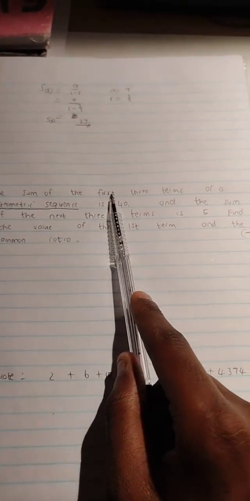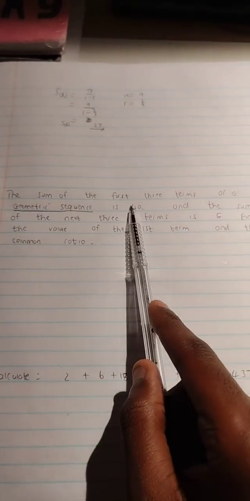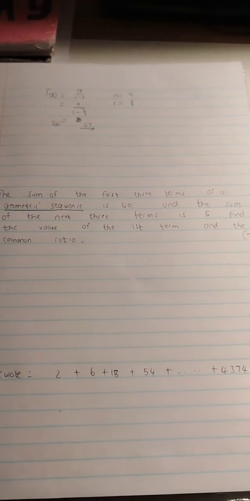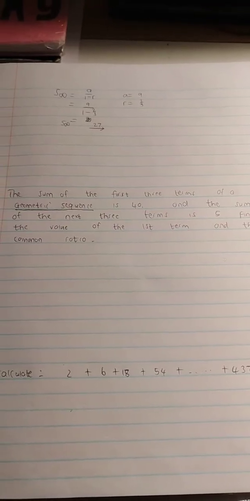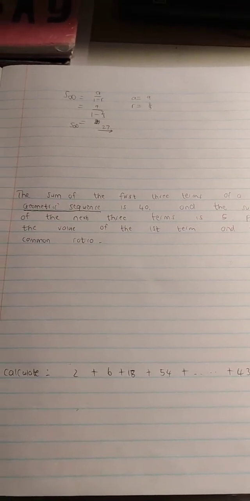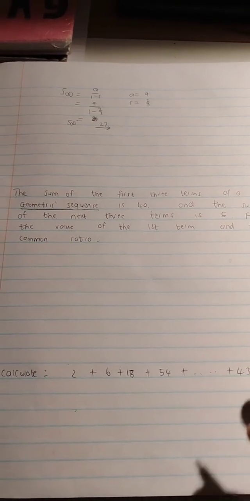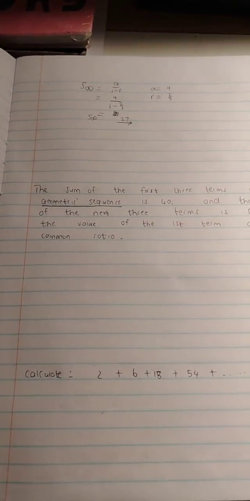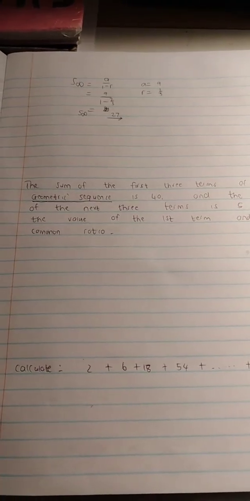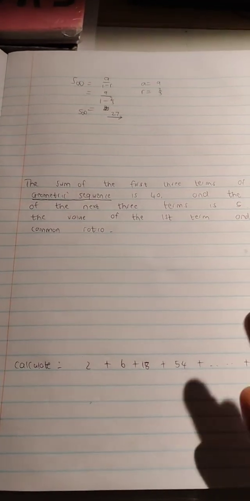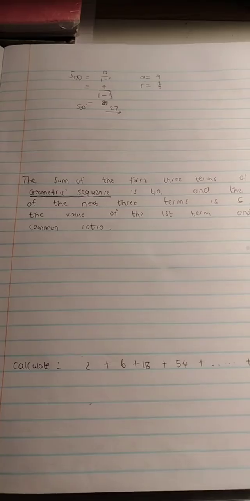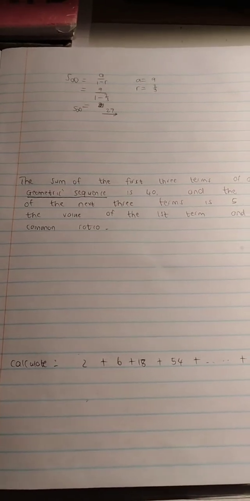Okay, so the sum of the first 3 terms of a geometric sequence is 40. Guys, sum of first 3 terms, I think we all know what sum means. Then we know what first 3 terms is, and we know what a geometric sequence is. So here, what are we envisioning? We are thinking of term 1, term 2, and term 3 added together being equal to 40. And basically, term 1 in terms of A and what?